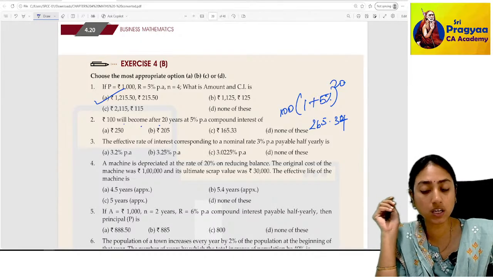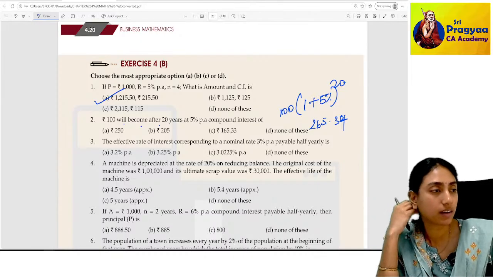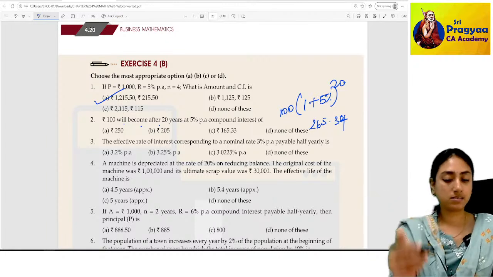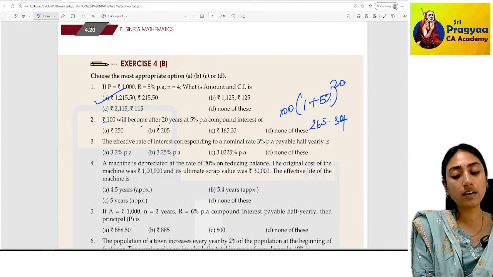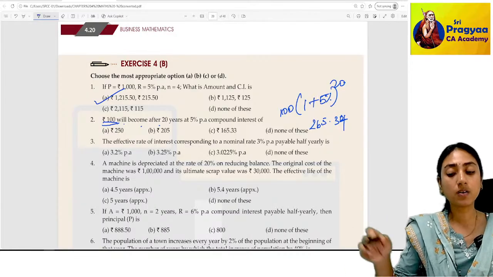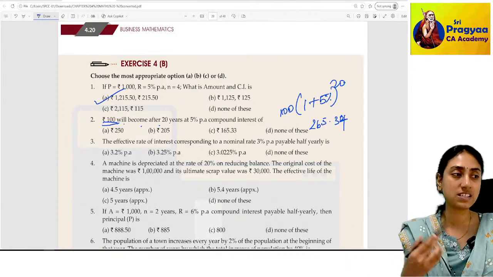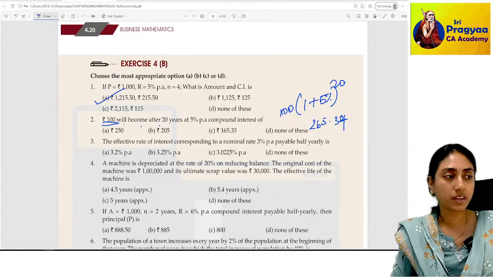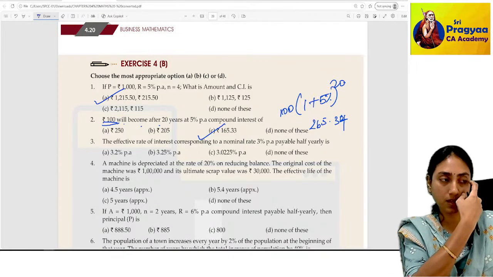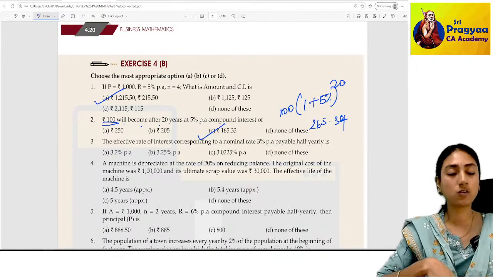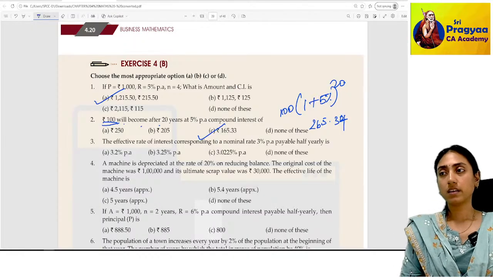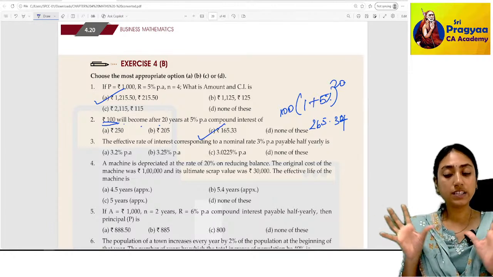Actually, they have given C as the answer, but going by the question, they are asking only for the amount. So ideally you should go with none of the above. Because they are asking what 100, your principal, will become after 20 years compounded at 5%, obviously they are asking only for the amount. Yes, but according to their options, they have given C as the answer. But going by the question, I think you have to take none of the above, because they are not asking for the interest portion.